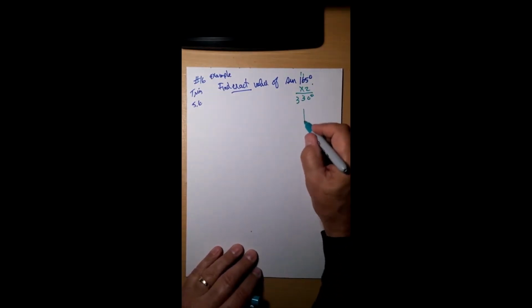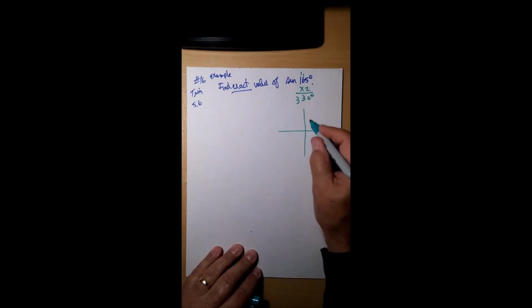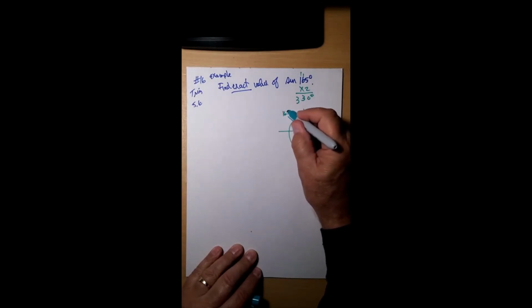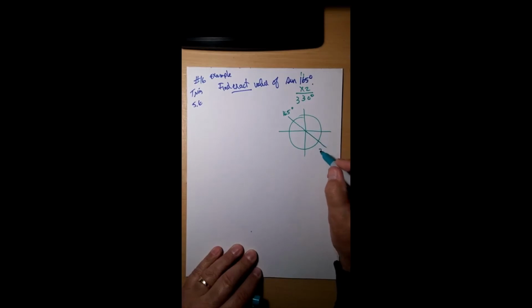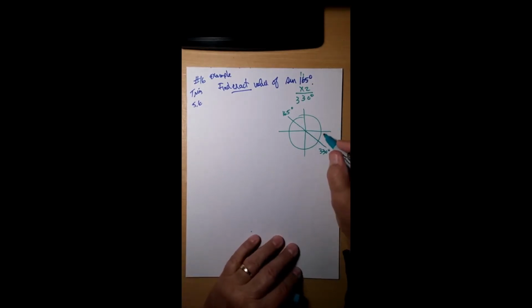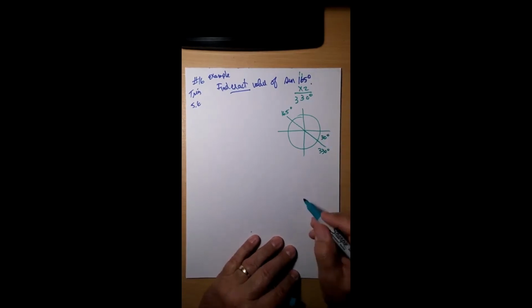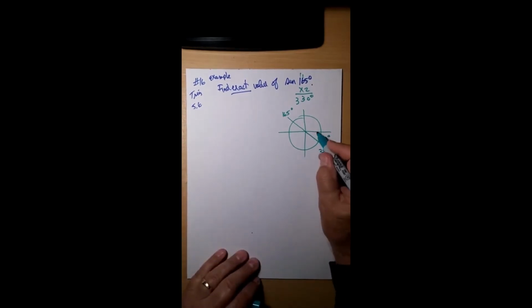So, what are we talking about? Well, our actual angle, 165, is in the second quadrant. But we're going to use double that, the 330, in the fourth quadrant. And we know that 30 degrees is the reference angle for this angle.